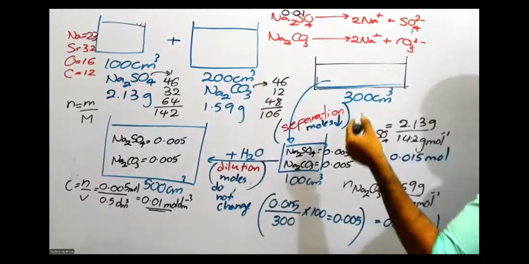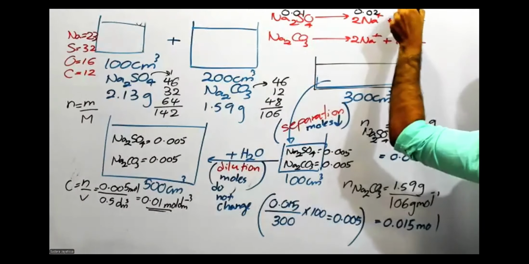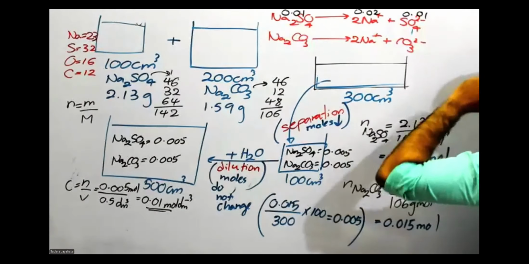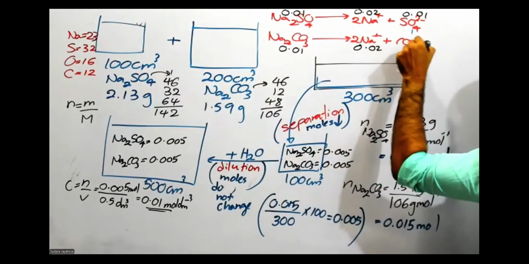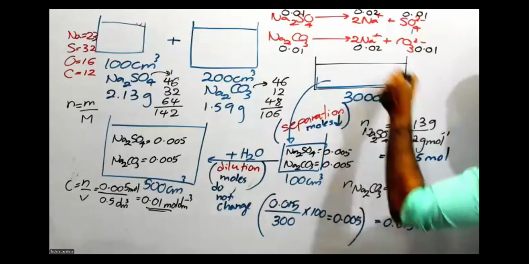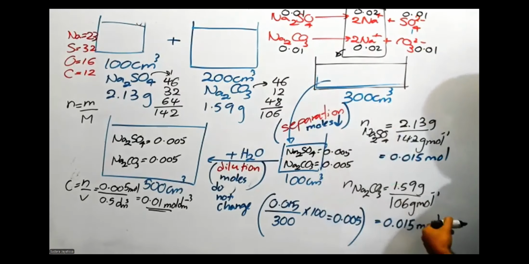If 0.01 dissolves, this will give you 0.02. And this one 0.01. Here also the same. 0.02 and 0.01.